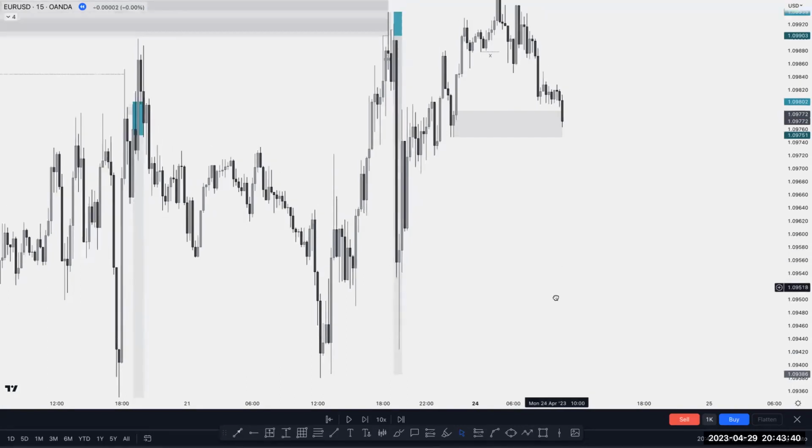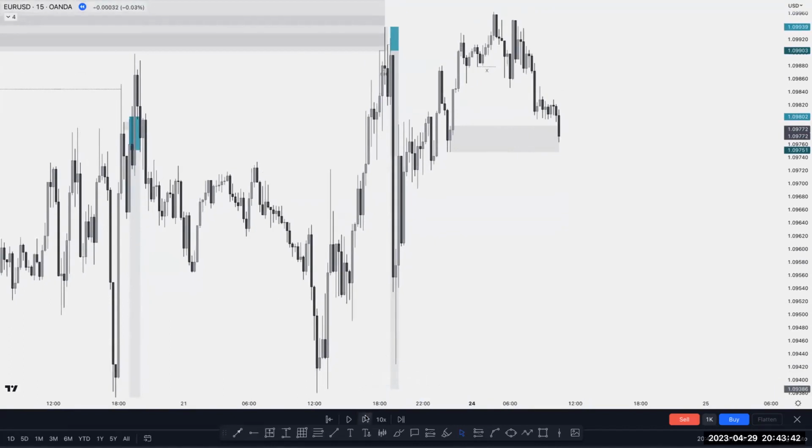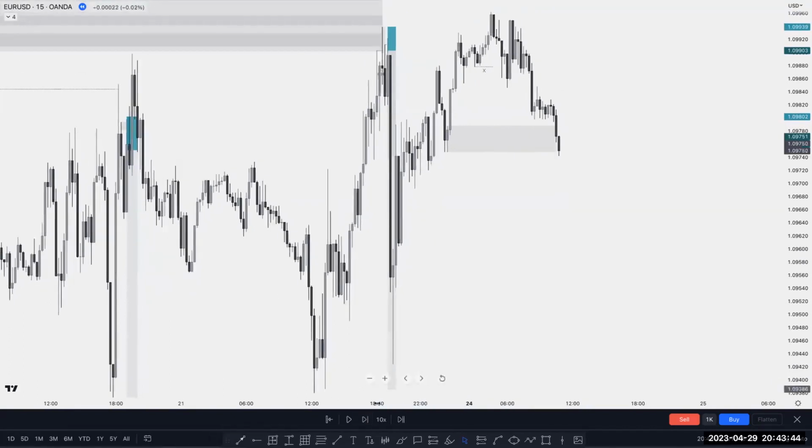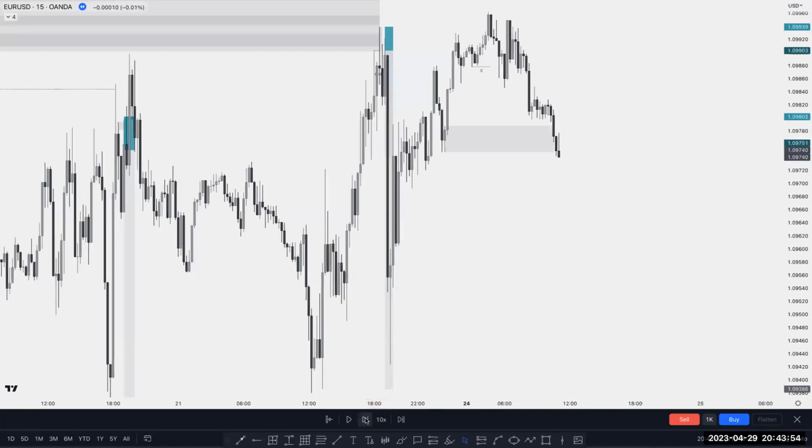So what happened here? Let's see. Okay, so this low is broken here, right? So when market broke the previous PY, it means momentum is trying to push downside. So in this situation, how can you deal with it?